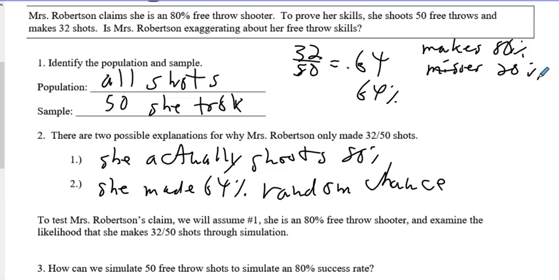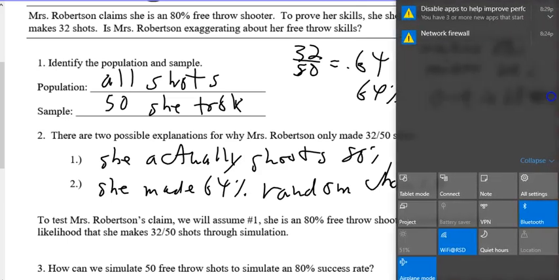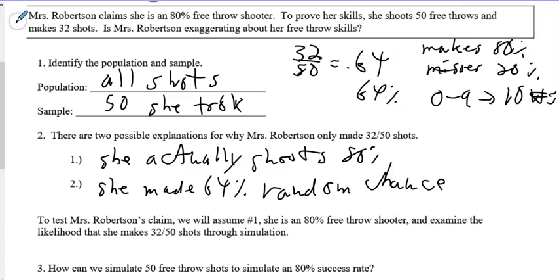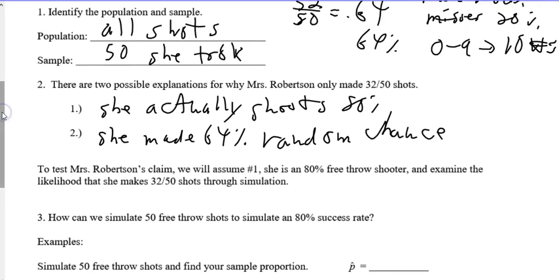Now, to make life easy for what we're going to do in the calculator, we're going to use the numbers 0 to 9. Because that's 10 numbers. That's going to represent 100%. Now, to represent on the calculator misses, which is 20%, we're going to use 0 to 1.